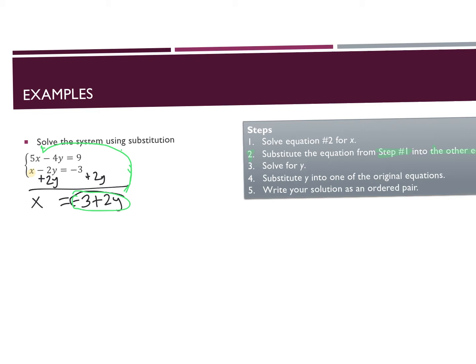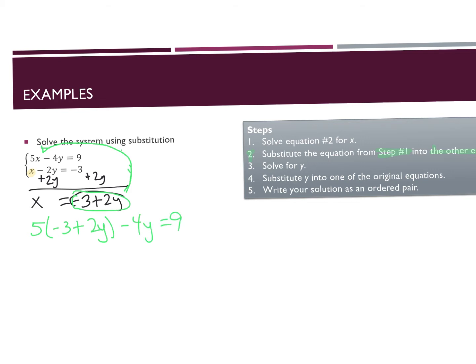Okay, so when we do so, we'll have 5 parentheses, -3 plus 2y, close, minus 4y equals 9.